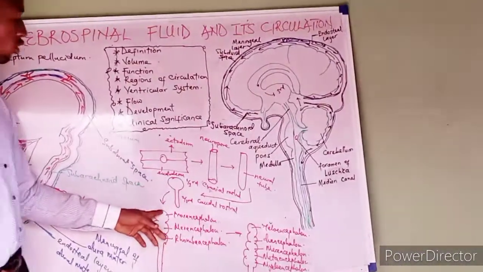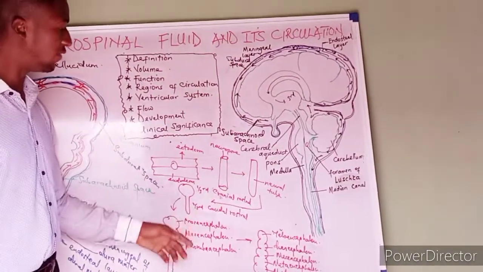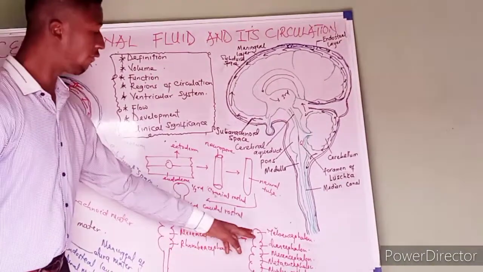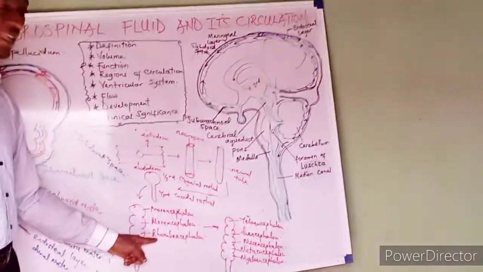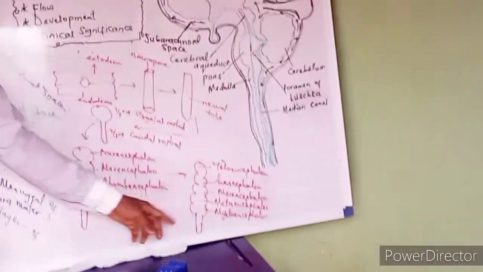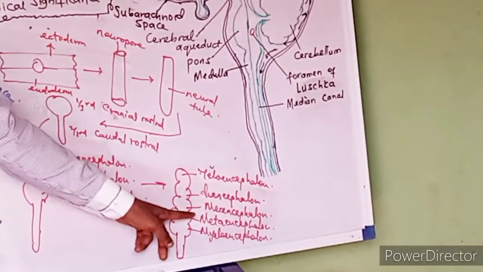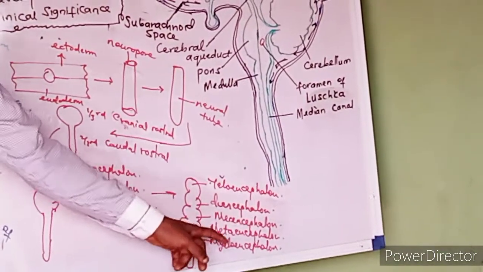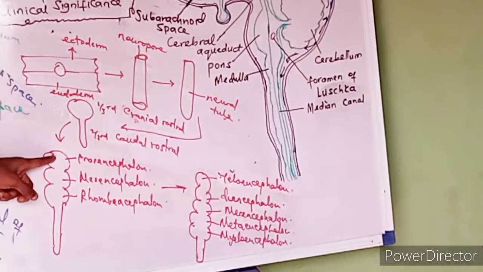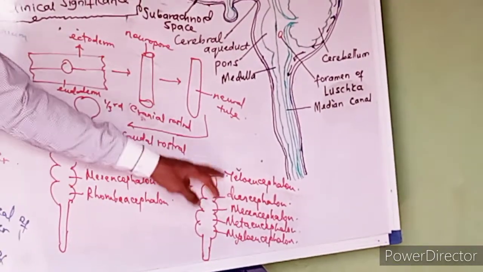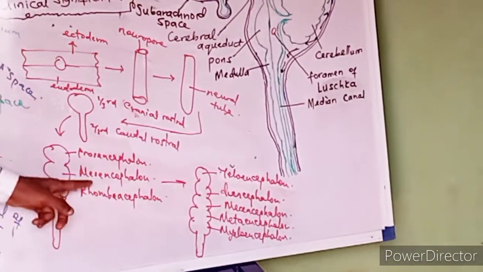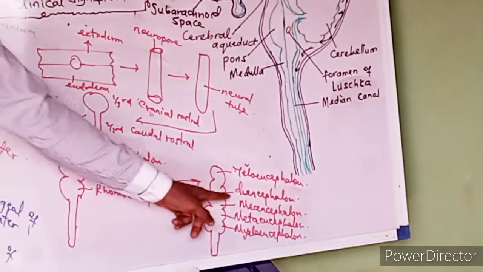The prosencephalon develops into two more swellings, while the rhombencephalon develops into two more swellings. These two more swellings of the rhombencephalon are taken as the metencephalon and the myelencephalon, while the two more swellings of the prosencephalon are taken as the telencephalon and diencephalon. But the mesencephalon here remains.